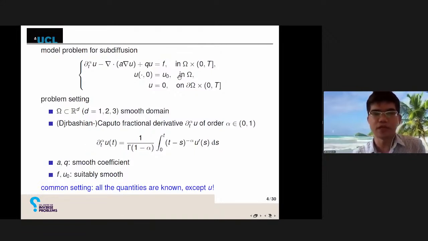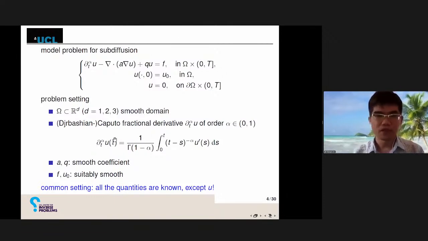I will always assume they are suitably smooth; I will specify them later, but for the moment let's just assume so. The common setting we have seen so far is that in this model everything is known except u. So u is unknown and everything else is known. We have seen this in many talks, and this kind of problem I will call the direct problem.